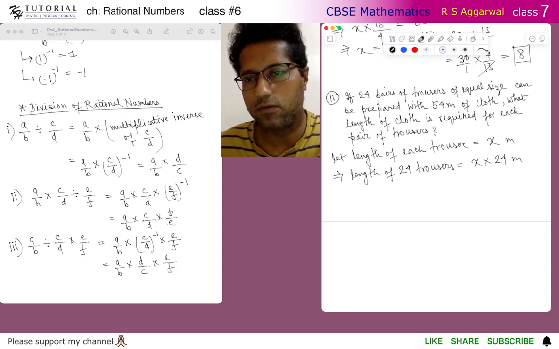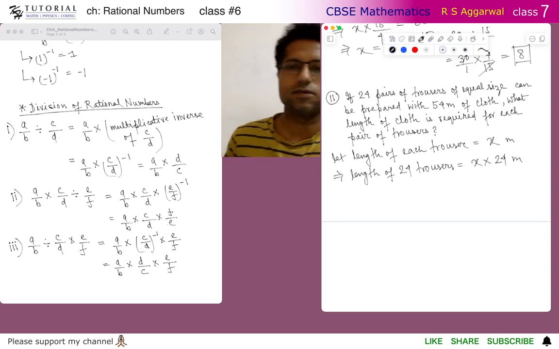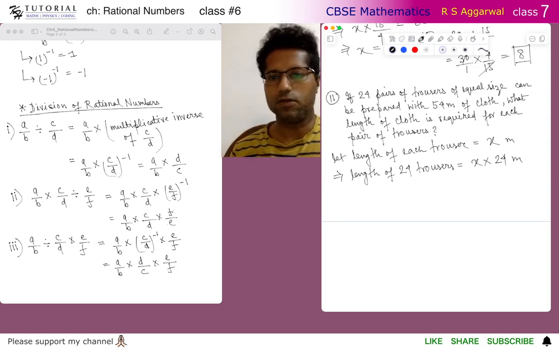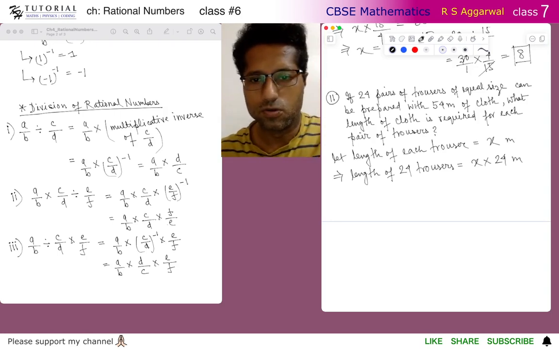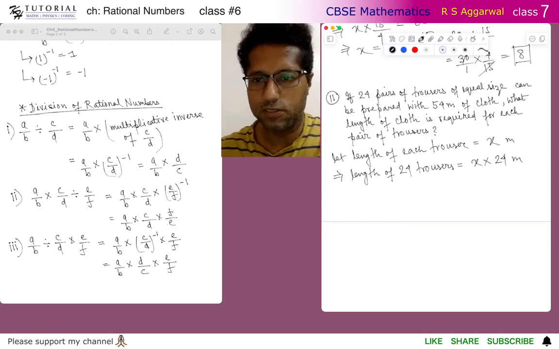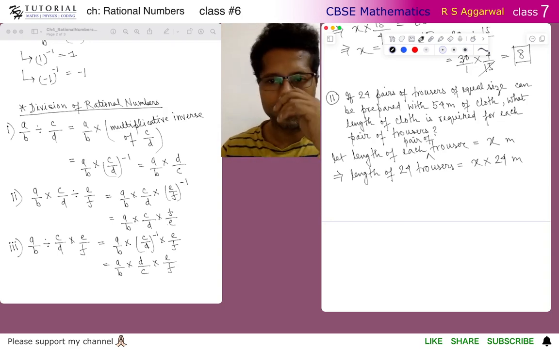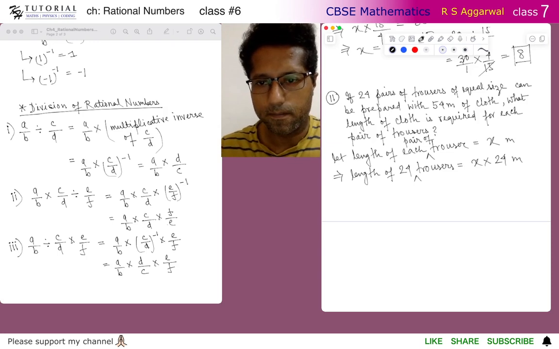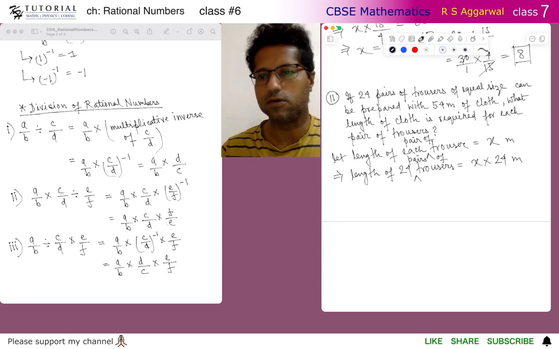What length of cloth is required for each pair of trousers? Okay, fine. So we have to assume that each pair of trouser is x meter, then the length of 24 pairs of trousers is x into 24.